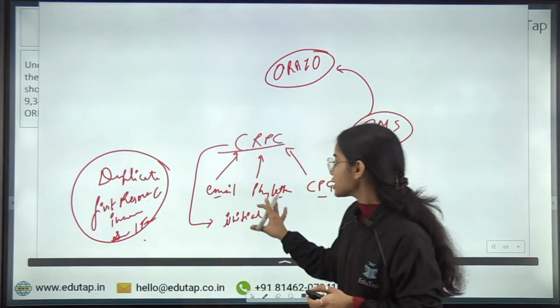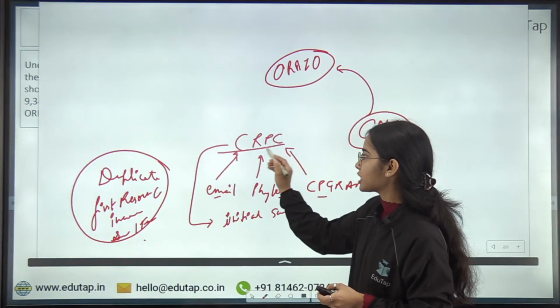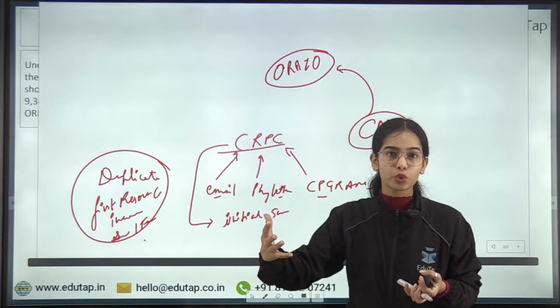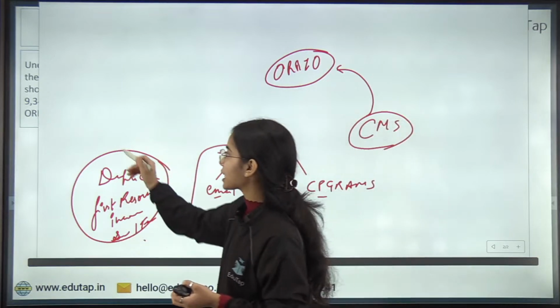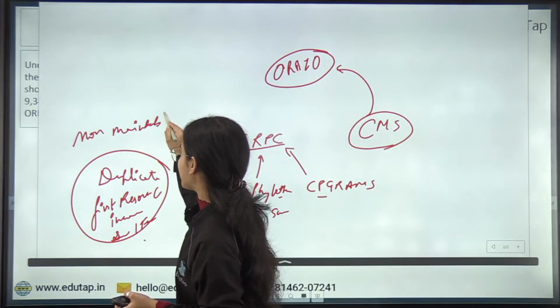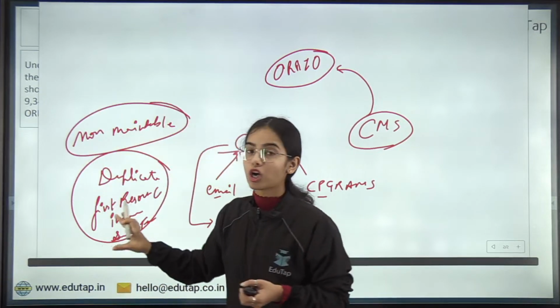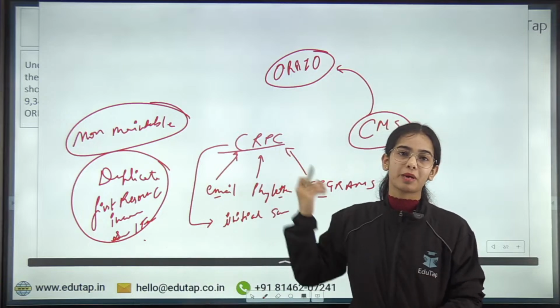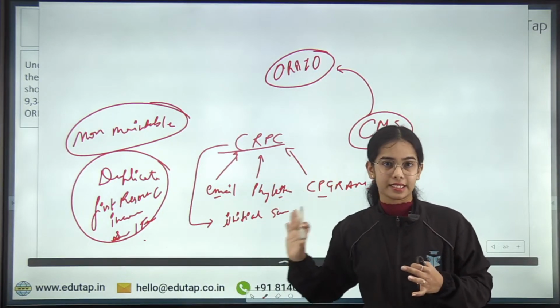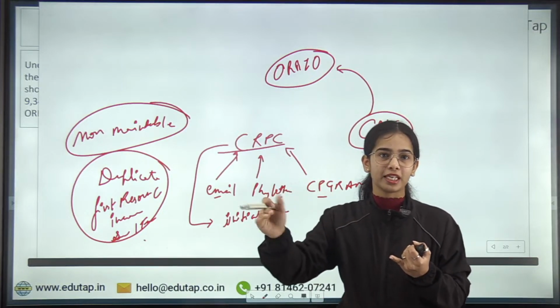So the CRPC will always do the initial scrutiny, and after the initial scrutiny, whichever complaints are considered non-maintainable, which cannot be maintained or answered by the offices, such complaints are resolved by the CRPC itself. These are the non-maintainable complaints.